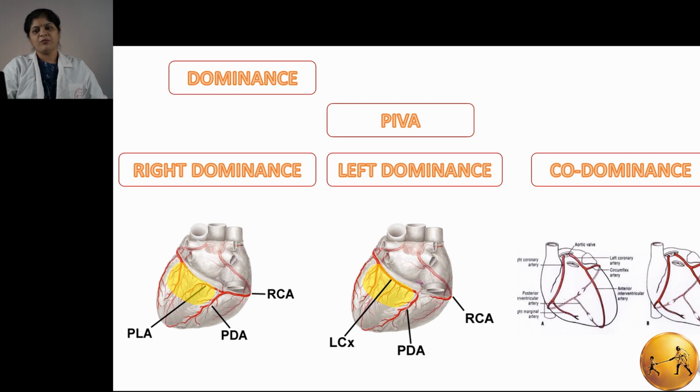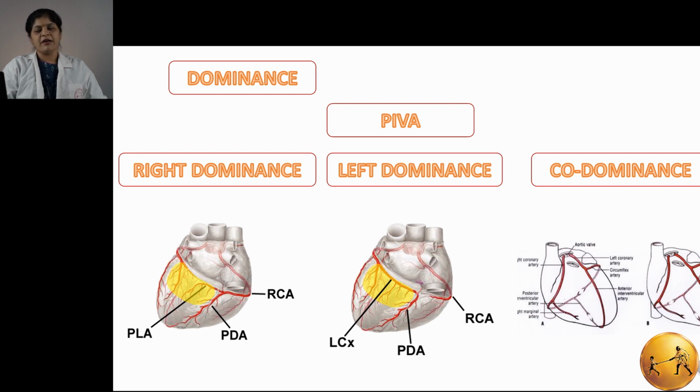In 20% of people, left dominance is seen, where the posterior interventricular artery is a continued branch of the circumflex artery. When this is given by the circumflex artery, the right coronary artery ends over here. Similarly, if the right coronary artery continues as PIVA, the circumflex ends over here.